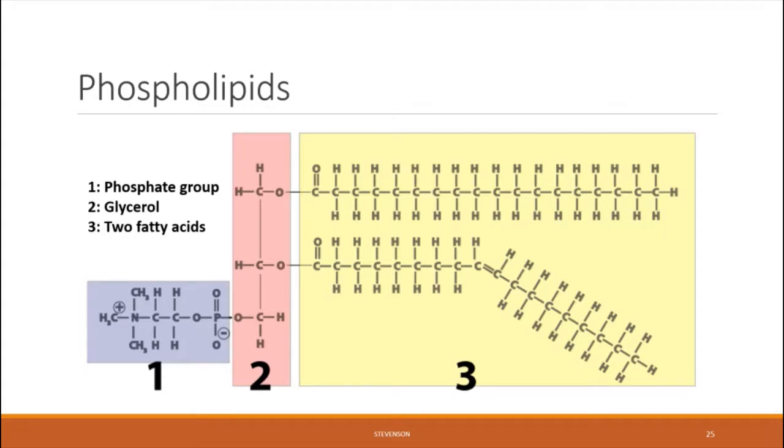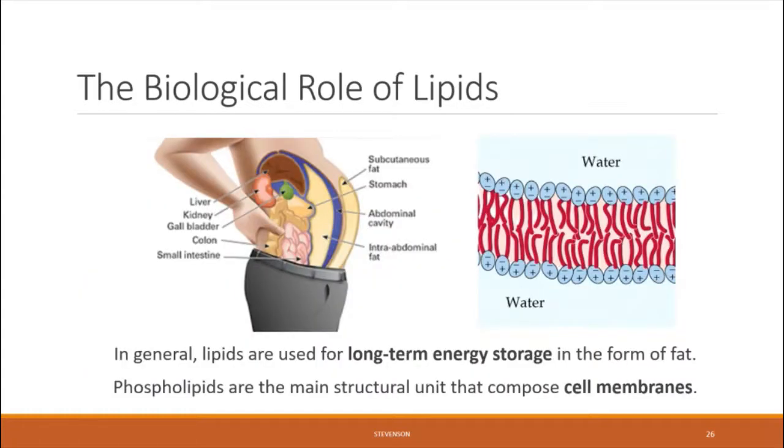Now, phospholipids, as we mentioned before, are the fundamental unit that comprises the membranes of cells. And so the biological role of lipids is again complex because while regular lipids are used for long-term energy storage in the form of fats, phospholipids are equally important because they are a type of lipid that is the main structural unit in cell membranes, as we can see on the right-hand side here.